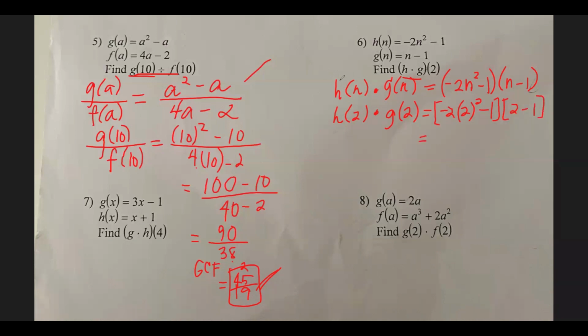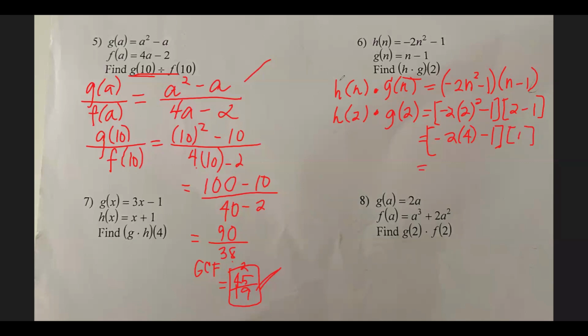Now let's simplify or evaluate first the 2 squared here. 2 squared is 4, so let's rewrite the negative 2, then put your 4 here, then minus 1. Let's use the bracket again. Then your 2 minus 1 here is you only have 1.